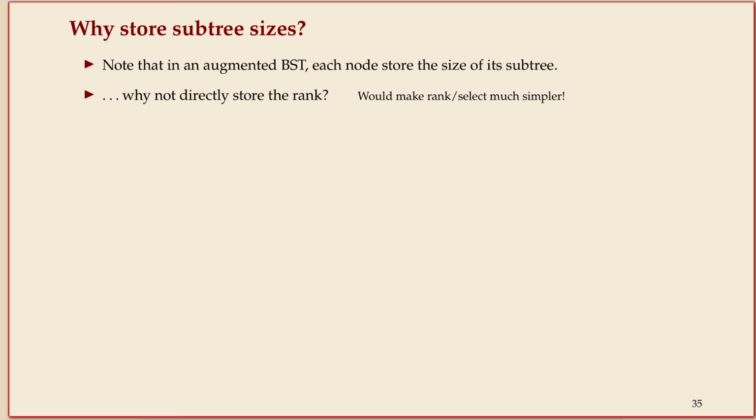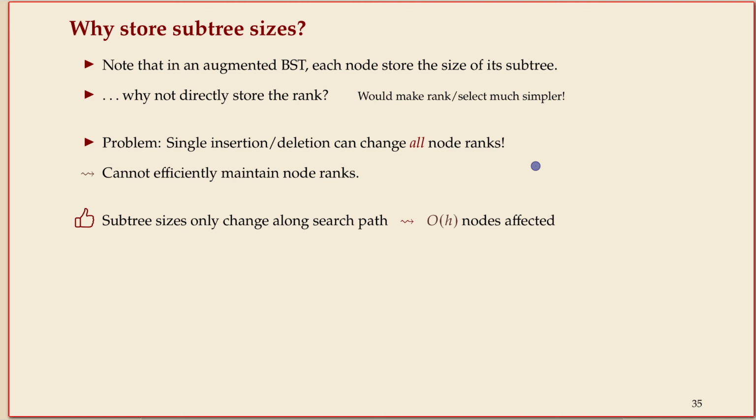Now, you could try to do this, but you can't maintain it. If you insert an element, think about it as follows. So we have a little tree. So there could be a huge subtree to the right here.